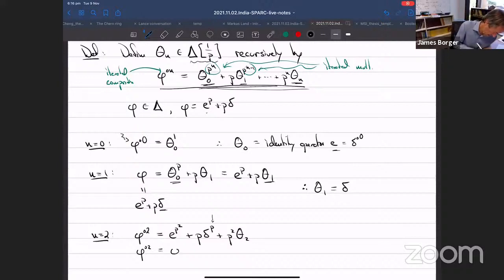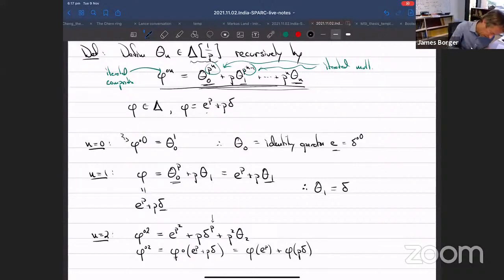But now let's expand what phi composed with itself 2 times is in terms of the deltas. We can write this as phi composed with e to the p plus p delta. Now phi is a ring homomorphism; the Leibniz rules for addition and multiplication are the obvious ones. So this is just phi of e to the p. In particular, it's additive, plus that.